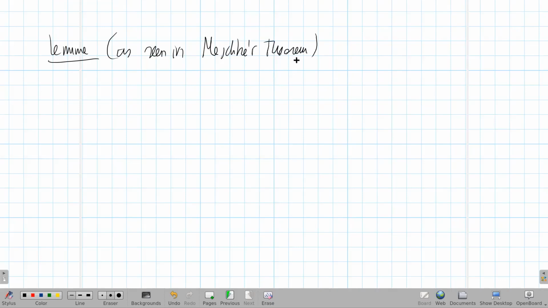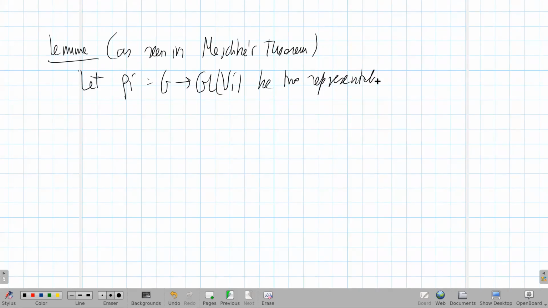And the lemma says the following: let rho_i from G to GL(V_i) be two representations of the same group G, for i equals 1 and 2, okay? Two representations.